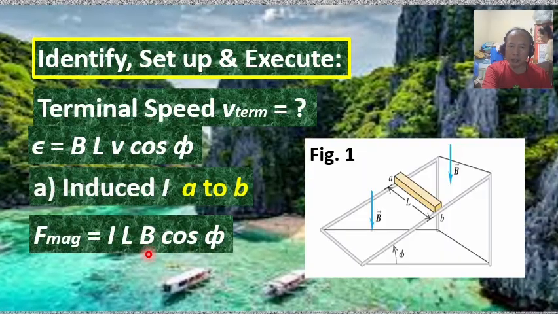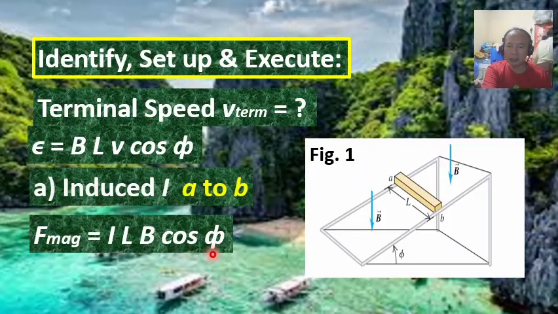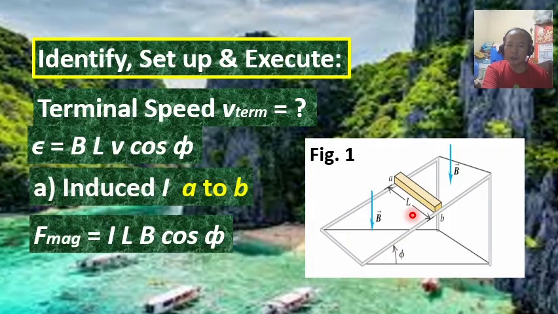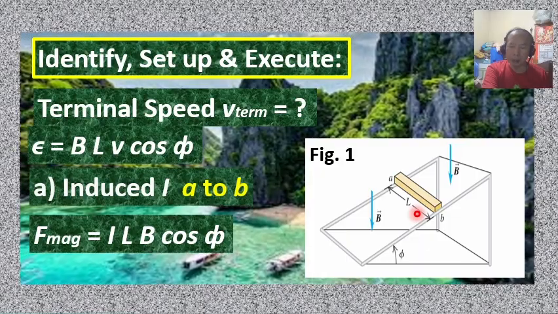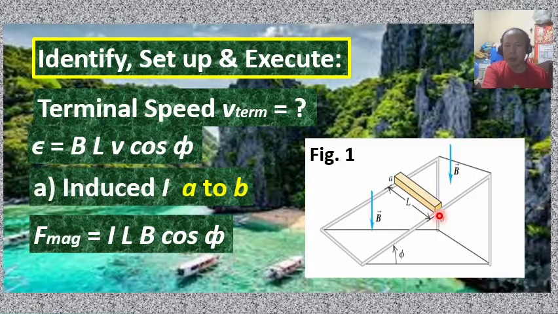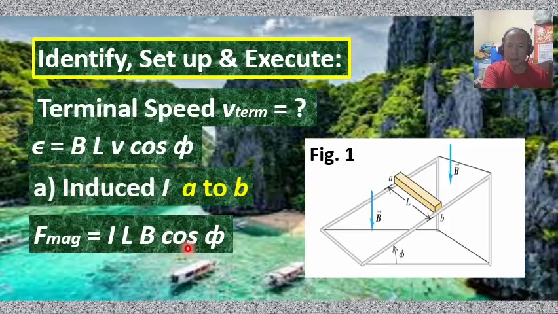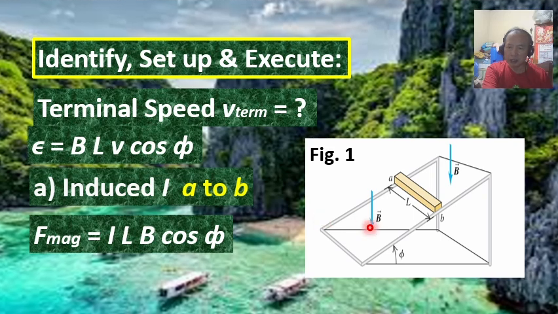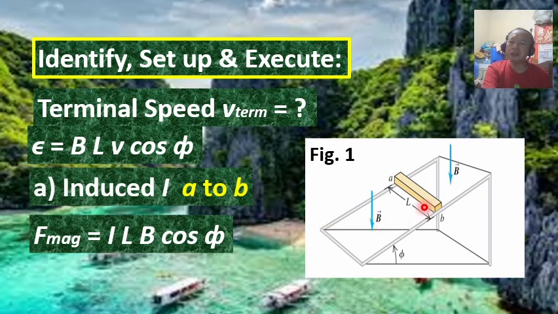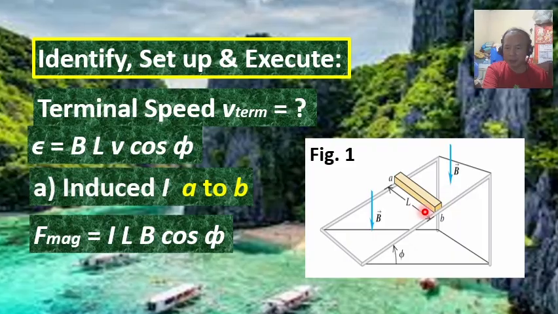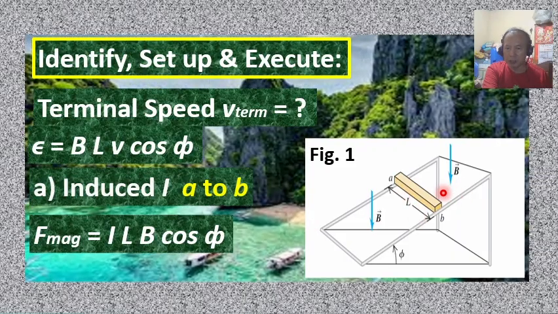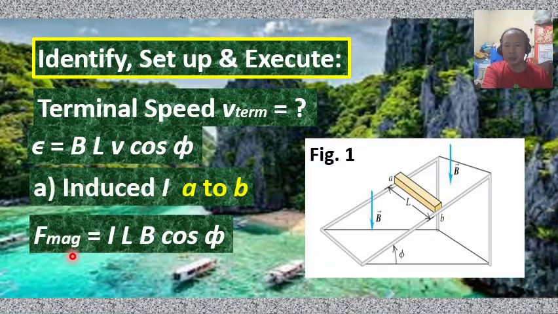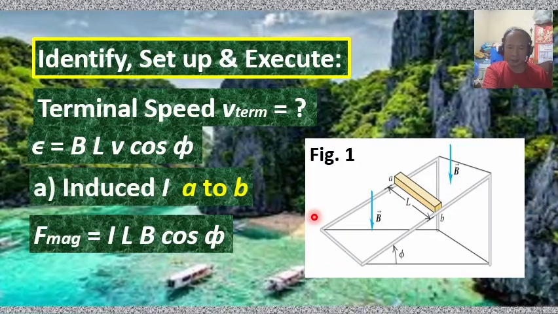That is the component of the magnetic field that is perfectly perpendicular to the direction of the terminal velocity of the bar. As I said, the direction of this magnetic force is opposite to the component of the force of gravity. So while the component of the force of gravity is down the incline, this magnetic force is up the incline.